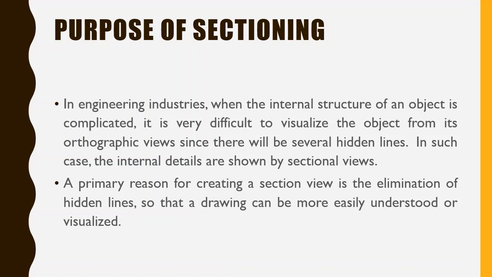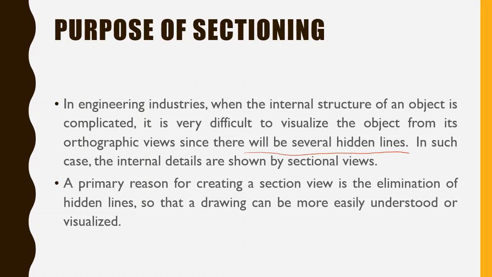So what is the purpose of sectioning? In order to view the internal structure of an object where it is complicated, right? I have been telling you that there will be several hidden lines in orthographic views, so you need sectional views for detailing the interior of objects, right?